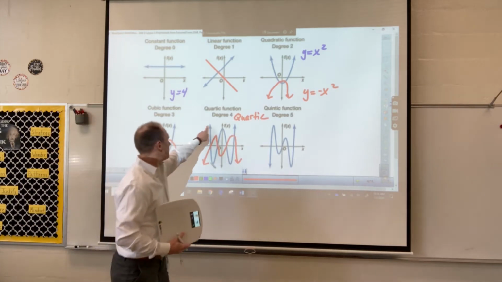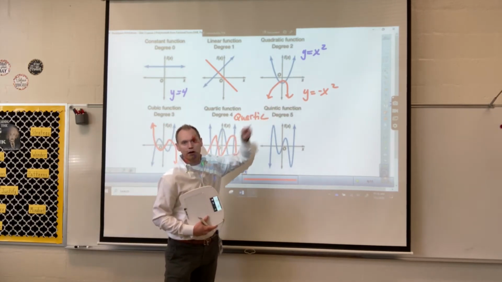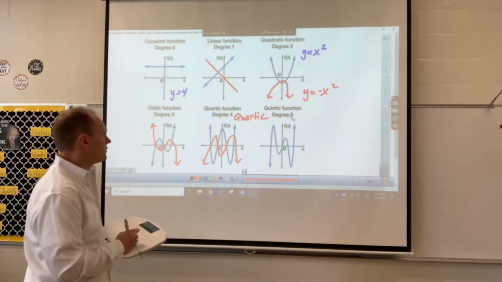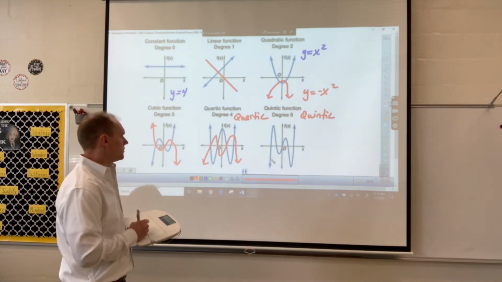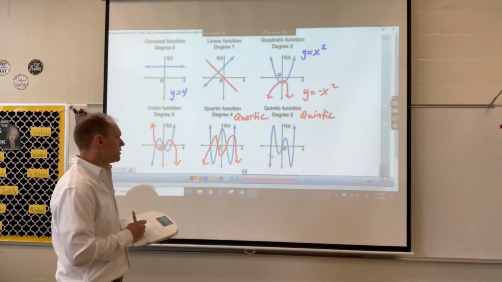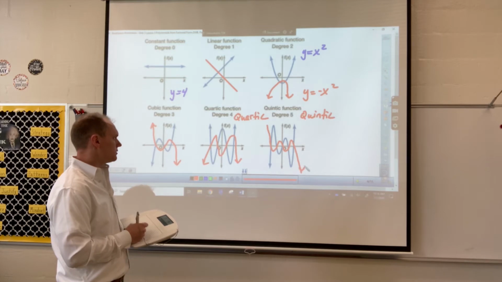So it's either up and up or down and down, similar to the quadratic. And then lastly, degree 5, which we call a quintic function. And it could be down to the left and up to the right, or it could be up to the left and down to the right.